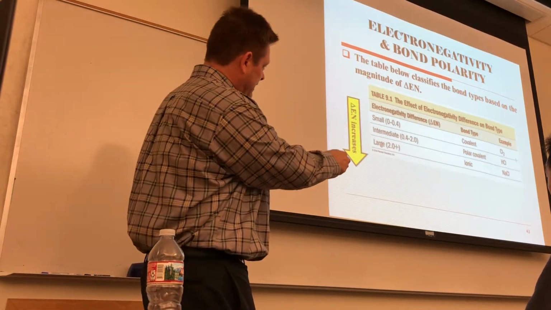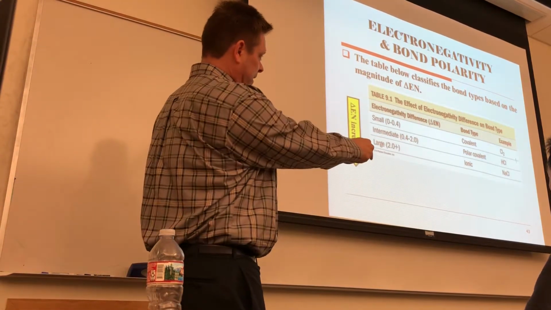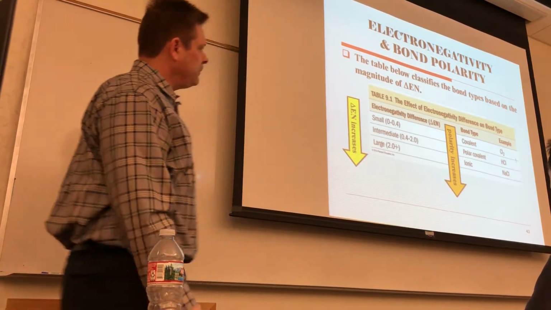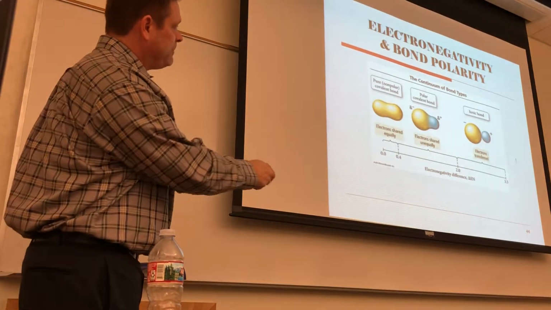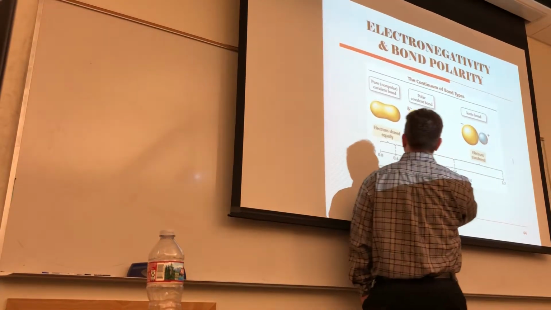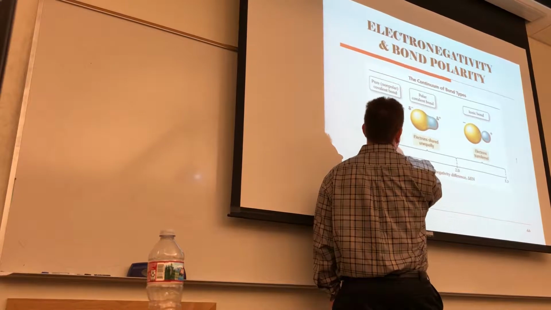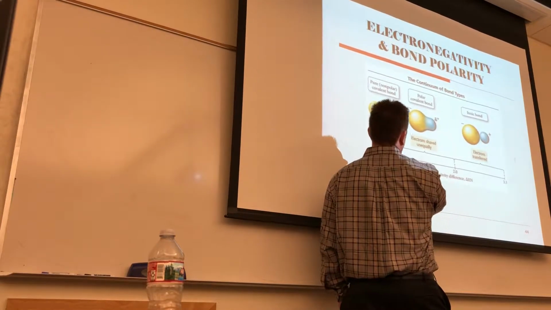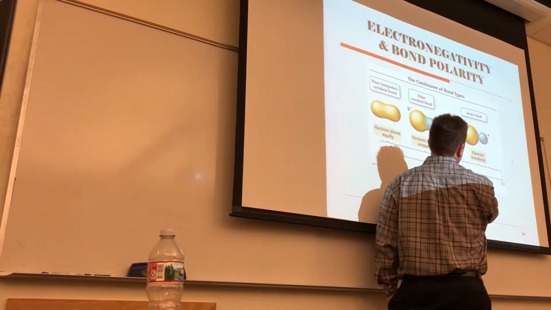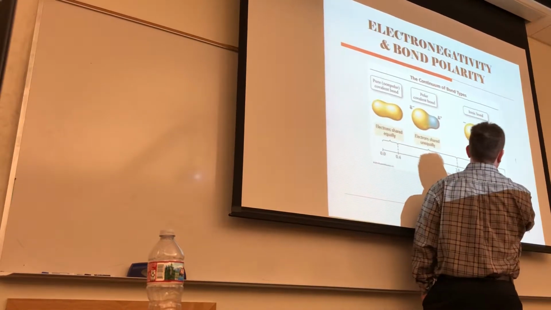Change in electronegativity increases going down, polarity increases going down. And once again, just a review. Same kind of thing here. So here's this chart, goes from 0 to 0.4, 0.4 to 2. This is the essentially equally shared electrons, nonpolar. Electrons shared unequally between here, and electrons completely transferred between there.